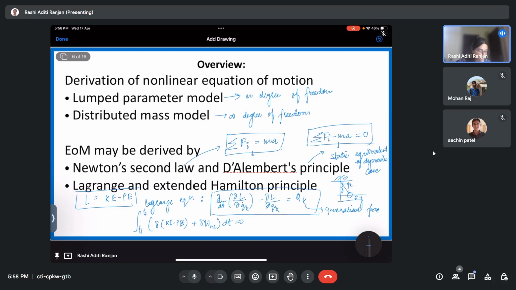Okay, so here your W NC is what? The work done due to non-conservative force.